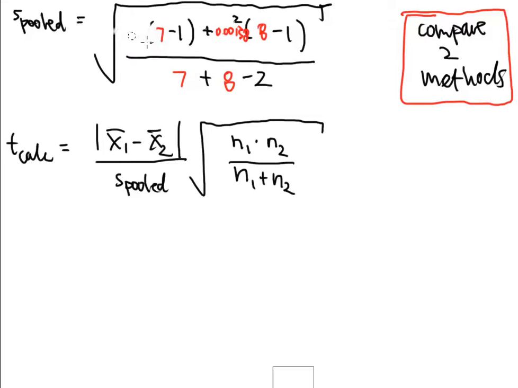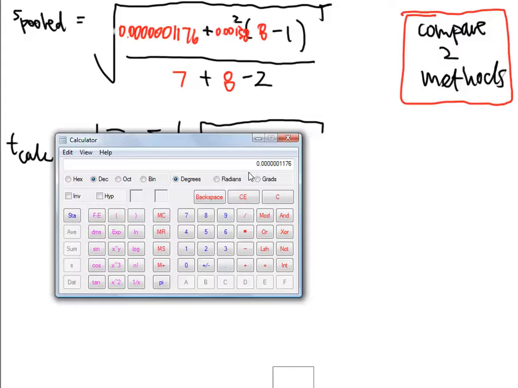So I squared that number, multiplied by a 6, and that changes over to 6 zeros, 1176. Just double check it. 1, 2, 3, 4, 5, 6, 1, 1, 7, 6.